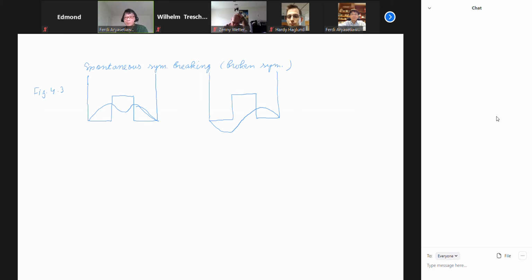So this is an example. These states are non-degenerate, so they have well-defined parity. So this one is symmetric, so we call it S. And this one is antisymmetric, call it A. So then we also note that the antisymmetric solution must have a higher energy because it has a node.